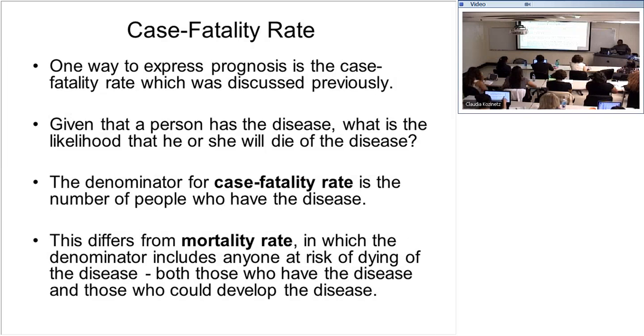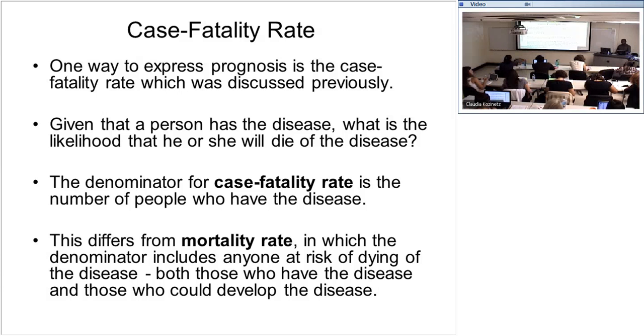Now let's look at case fatality, which is a measure that you will probably hear a lot. I think last week you discussed case fatality, so we'll talk deeper about it. The definition is: given a person has a disease, what's the probability the person will die from the disease? Case fatality will differ from mortality rate because of the denominator.